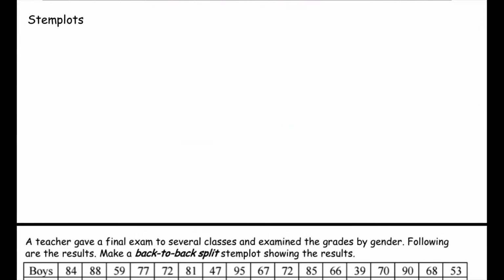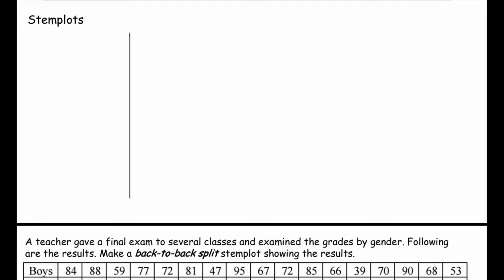So first we have stems. To create a stem and a leaf, we have a line that goes down the middle, towards the left. On the left side is what we call the stems. On the right side is what we call the leaves. The stems can be tens, or it could be a decimal.